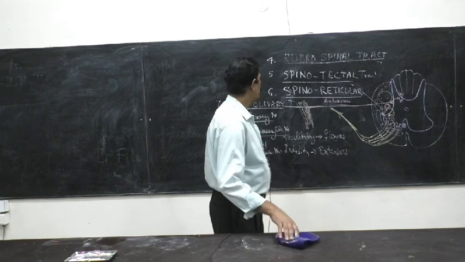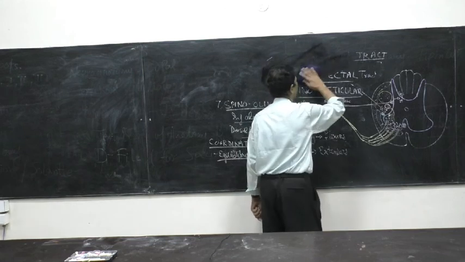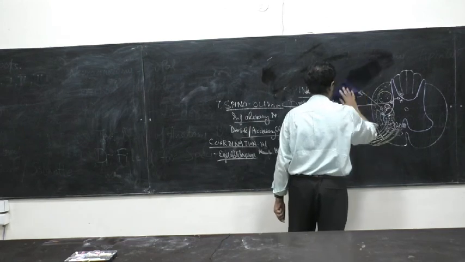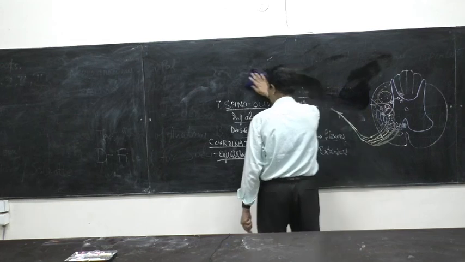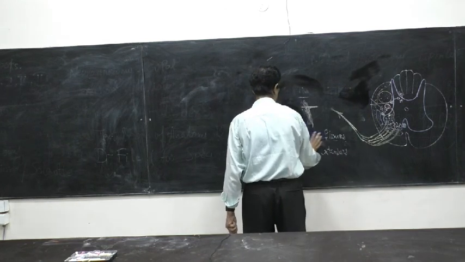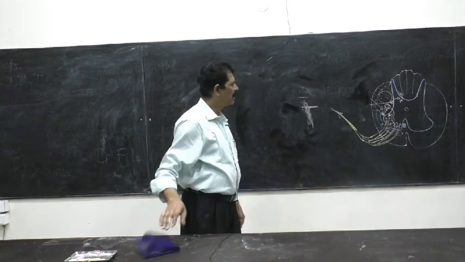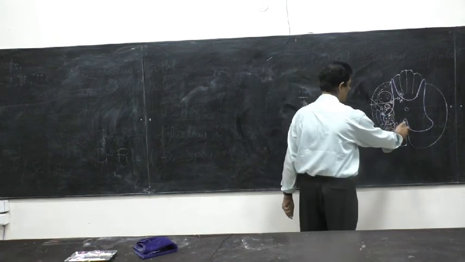Now the last part of the white funiculus or the white column of the spinal cord. Left is this much area.